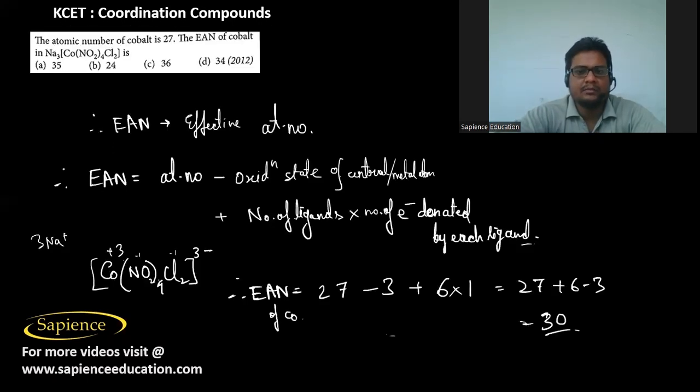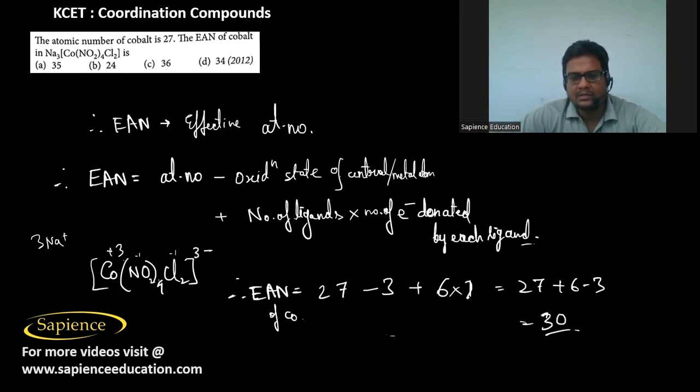So actually in the previous one, each ligand will donate an electron pair. So it means that each ligand will donate two electrons.